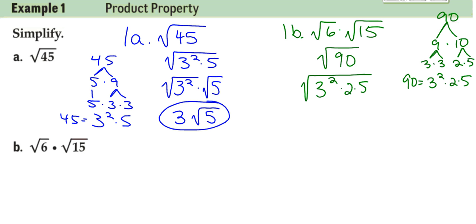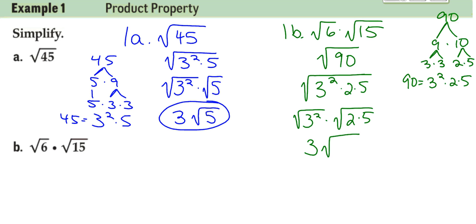So when I have that 2 and 5, they're going to be staying in that radical, and so I'm going to rewrite it as the square root of 3 squared times the square root of 2 times 5. I'm leaving the 2 times 5 together because they're not going to come out of the radical. I have the square root of 3 squared separate because the square root of 3 squared is plain old 3.